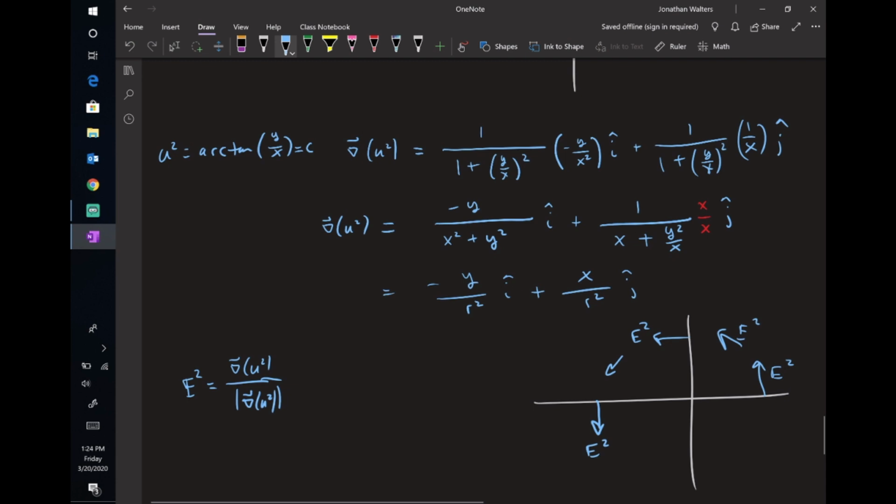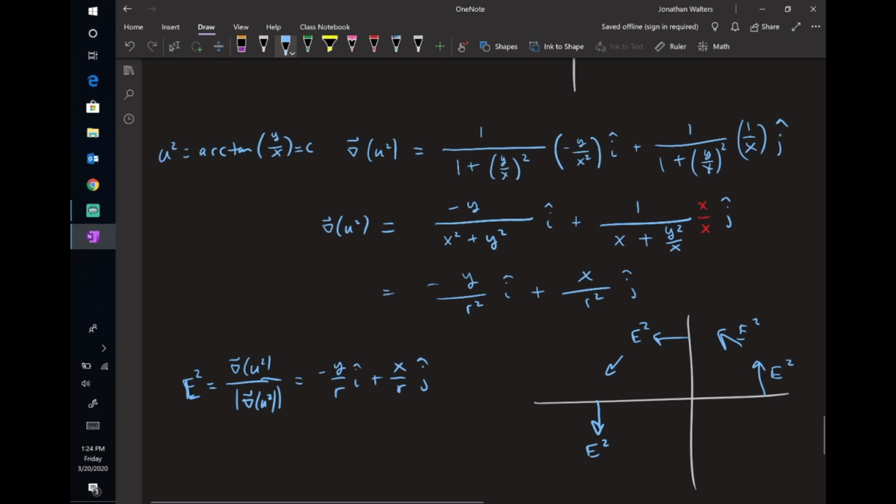The magnitude of the gradient would be 1 over r squared times r, which would be 1 over r. So I need to multiply this by r, which gives negative y over r i plus x over r j. And that's our capital E2 vector.